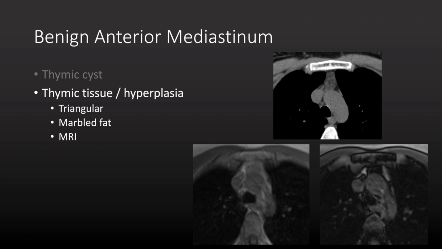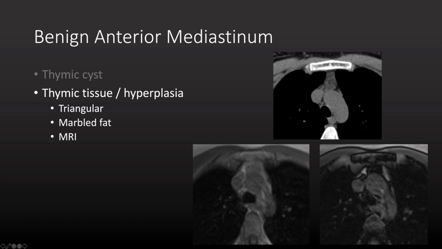Now, thymic hyperplasia is the other benign entity we see in the anterior mediastinum. Most cases can be definitively characterized by CT. So what you want to look for is generally a triangular or pyramidal shaped structure in the anterior mediastinum. It often has marbled or interspersed internal fat, like you can see in this lesion here.